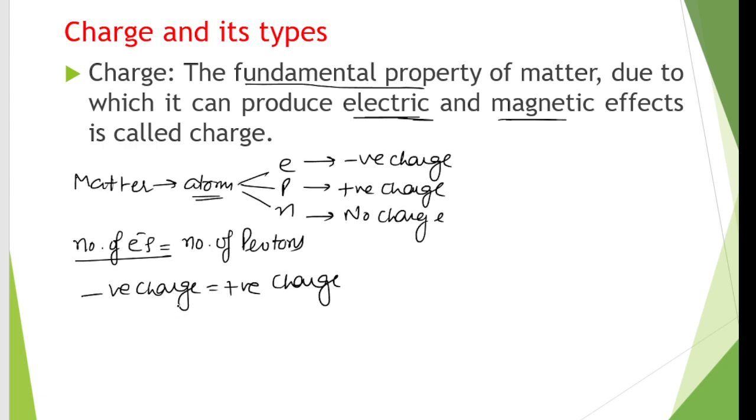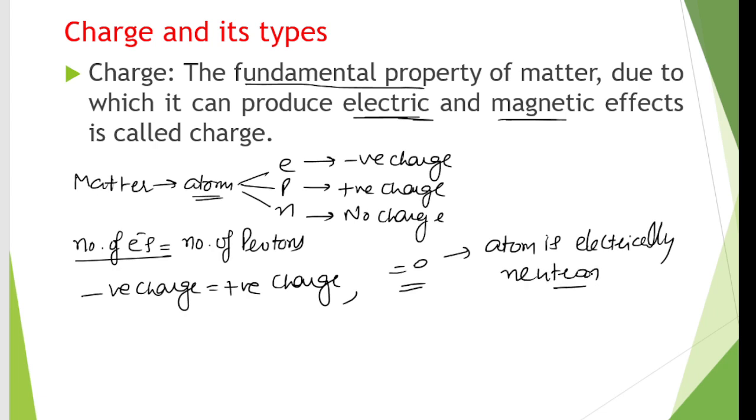When positive and negative are equal and we add the two, we get a total charge equal to 0. So overall there is no charge on an atom, and the atom is said to be electrically neutral.